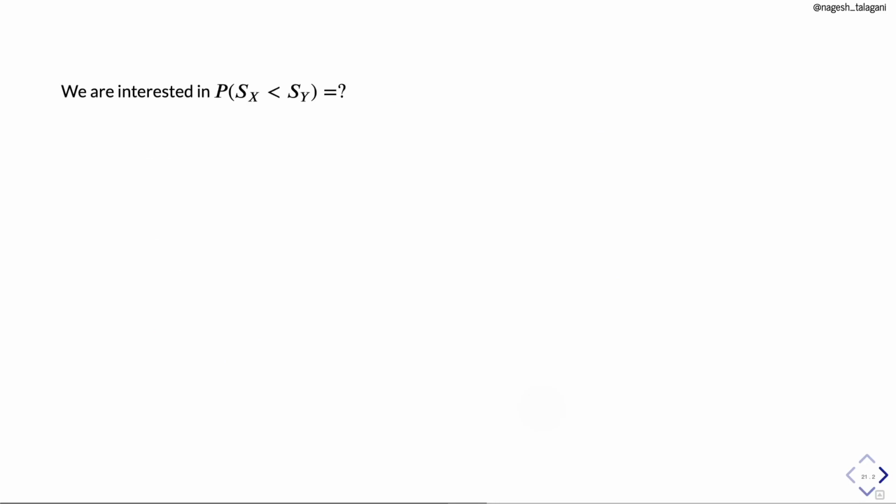And here we are interested in the probability of Sx less than Sy. Here Sx denotes the sample standard deviation of group 1, Sy denotes the sample standard deviation of group 2. So this event Sx less than Sy is equivalent to Sx by Sy less than 1.